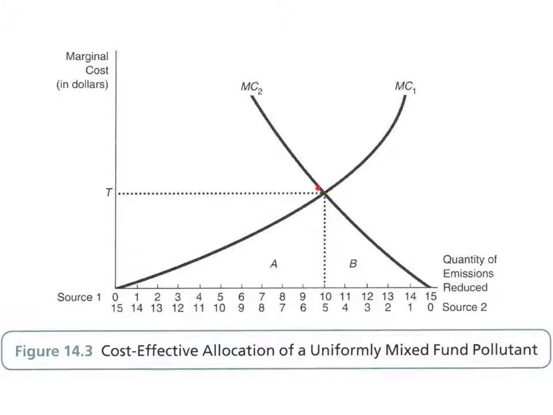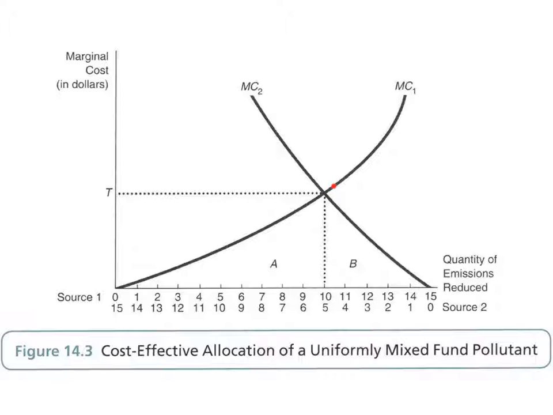But anyway, notice that the efficient outcome is where marginal costs are equal. That's something that we've seen before. But also notice that an emissions charge equal, or even probably a shade higher than the marginal cost at that optimum level, is going to bring about the desired level of cleanup, and also it's going to allocate cleanup to the firm that can do it more cheaply. Because the logic of an emissions charge is if there's an emissions charge of size T, I'll clean up if it's cheaper to clean up than to pay the emissions fee.